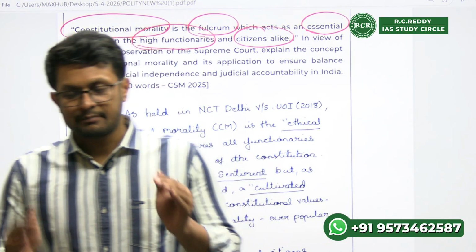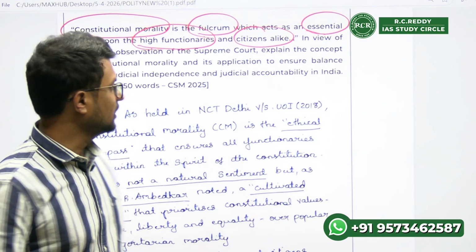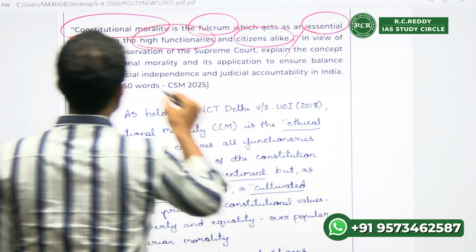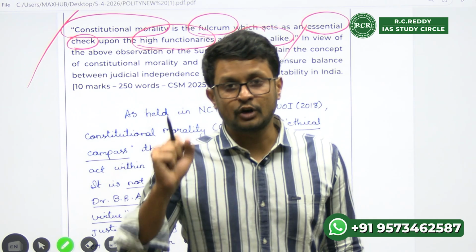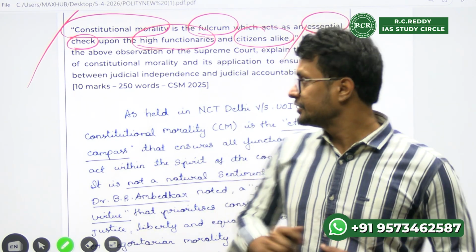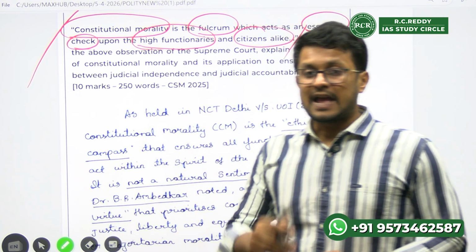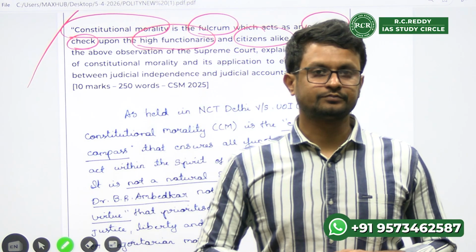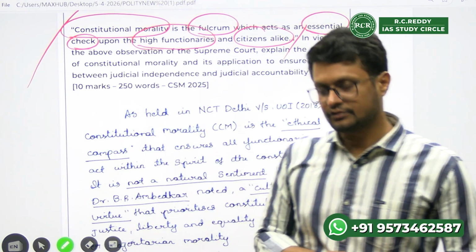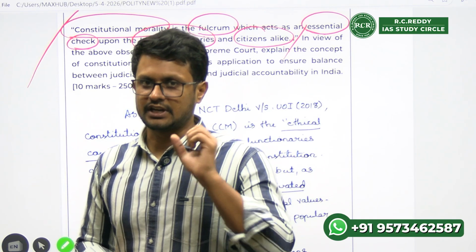These statements present the context for the question. So the contextual setting talks about the importance of constitutional morality as a check tool, not only on the high functionaries but also on the citizens of the country. That is our first understanding.